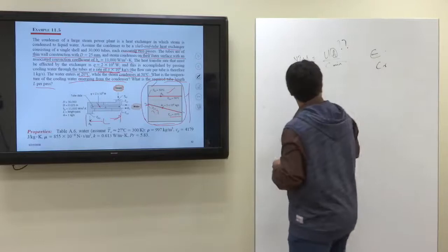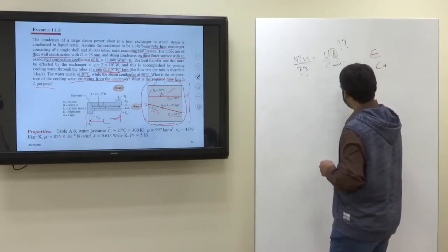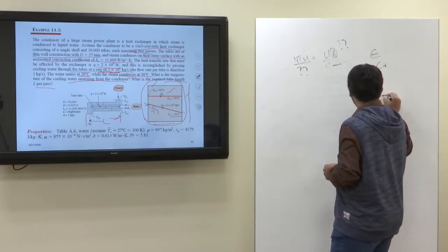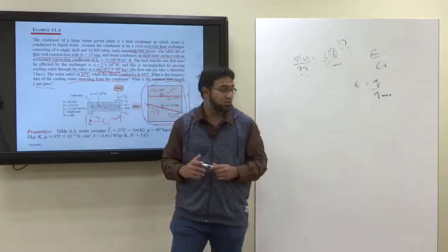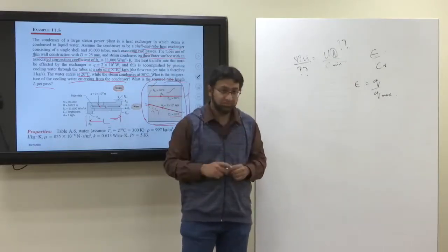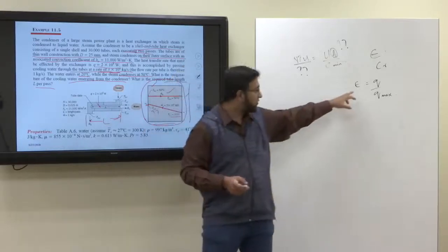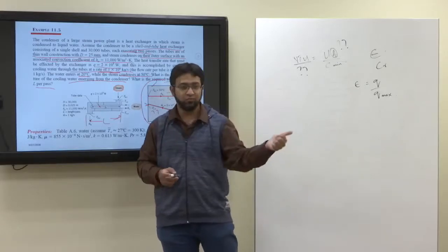Now for finding effectiveness, what is effectiveness? Effectiveness is Q upon Q max. We have a formula for Q max. Now, Q will be the same for the hot fluid as well as for the cold fluid.